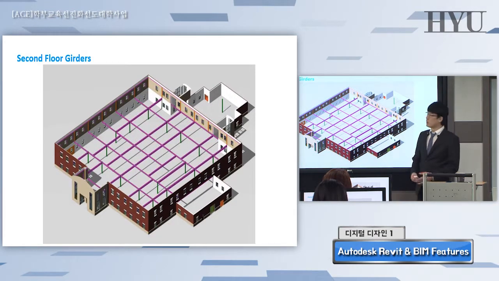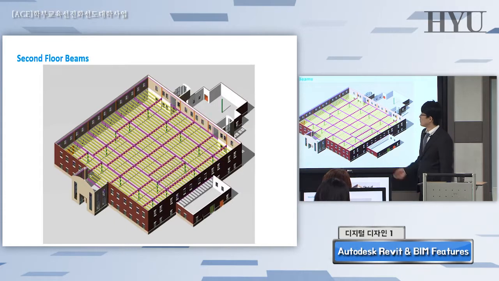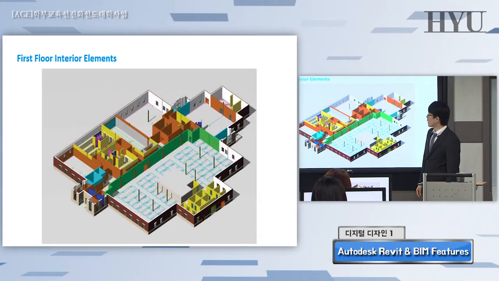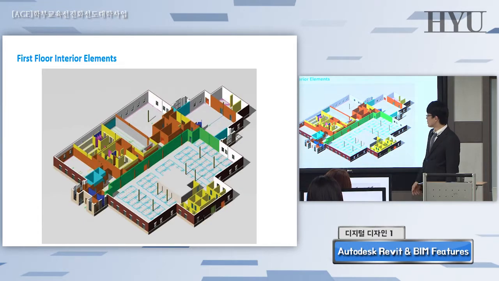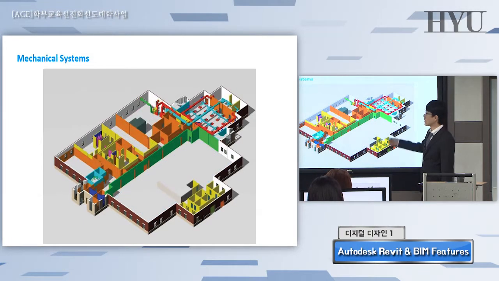And some more structural elements for the second floor, and some beams sustaining the structure of this building. And this one shows you some interior walls and elements for the first floor, and the mechanical, electrical, and plumbing systems for running this building.